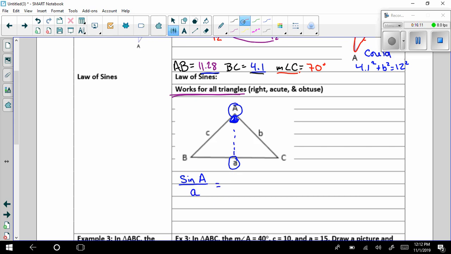That ratio is equal to the sine of another angle divided by its opposite side, which is then also equal to the sine of the third angle divided by its opposite side.